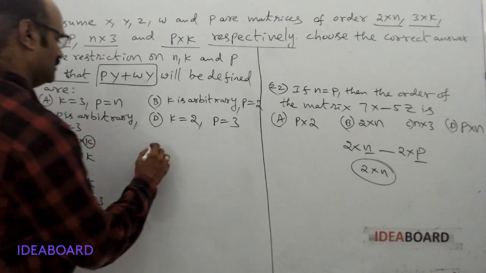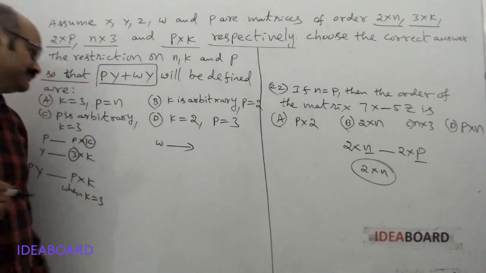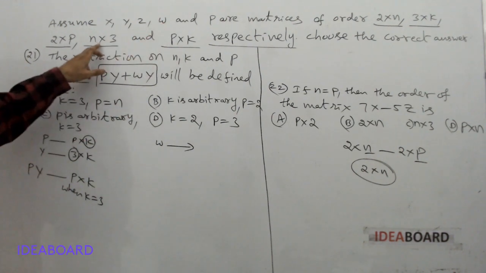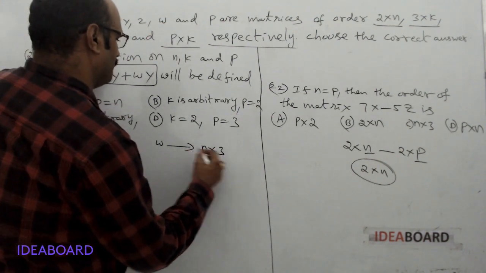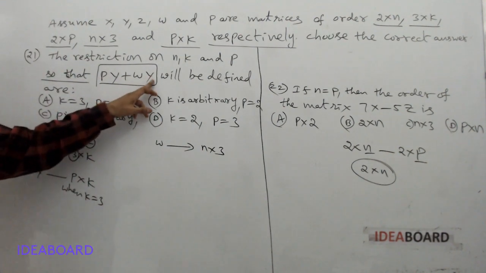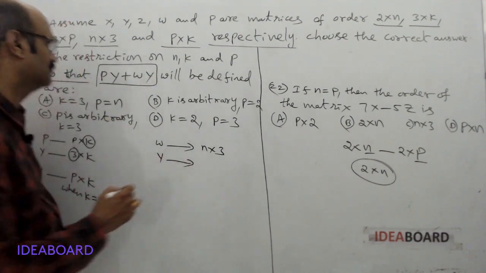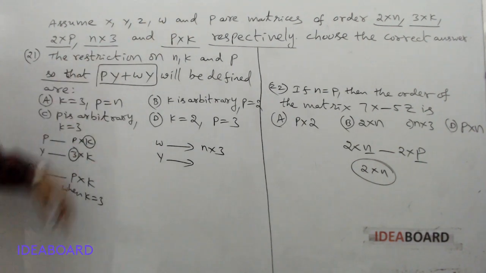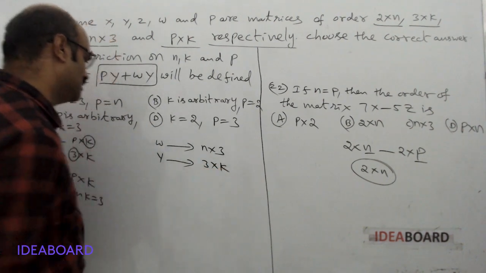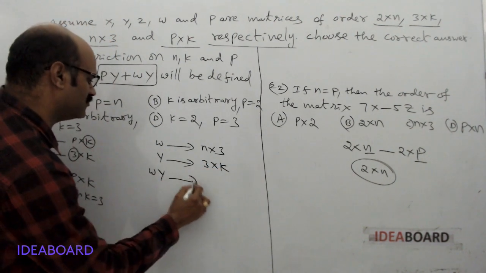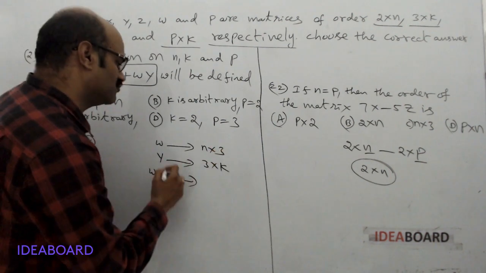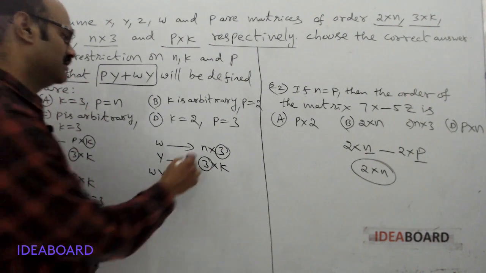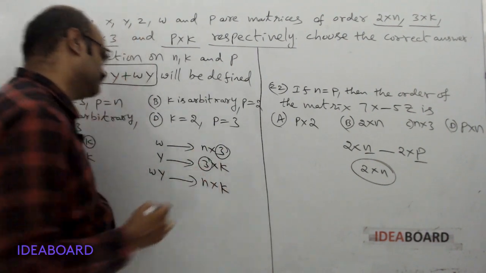Now it is given that the order of W equals n by 3, and the order of Y equals 3 by k. When you multiply these two matrices, we get the order of WY equal to n by k.